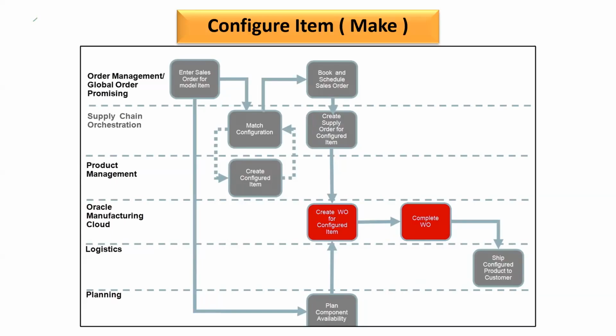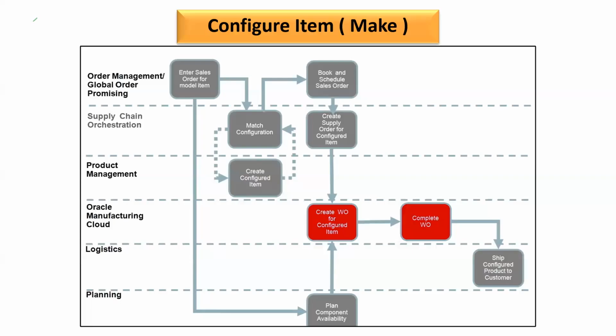Similarly, in configure to order, you will configure with your manufacturing team. For example, in a car showroom, by default they will give you one car with 4 wheels, engine, body, everything. But on top of that, if you want extra accessories, you are customizing, giving options.